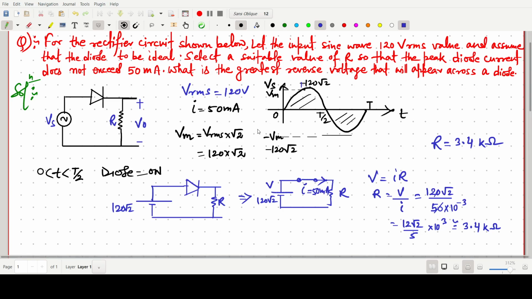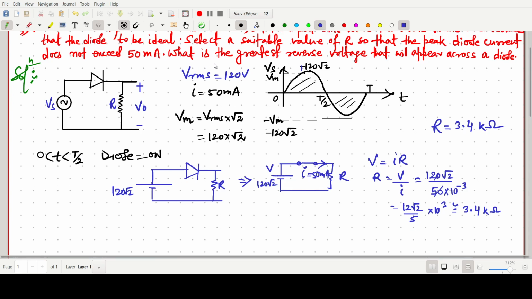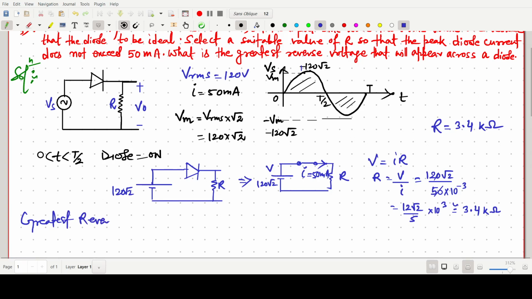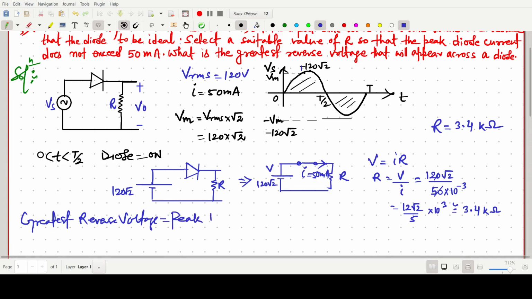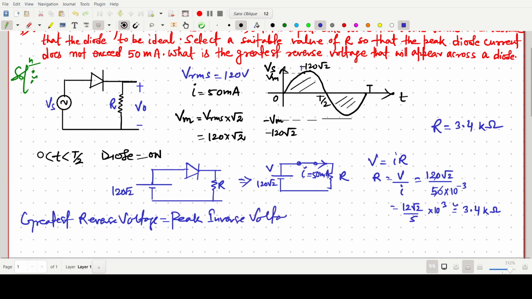Now next we have to find what is the greatest reverse voltage. Greatest reverse voltage is nothing but simply the peak inverse voltage.